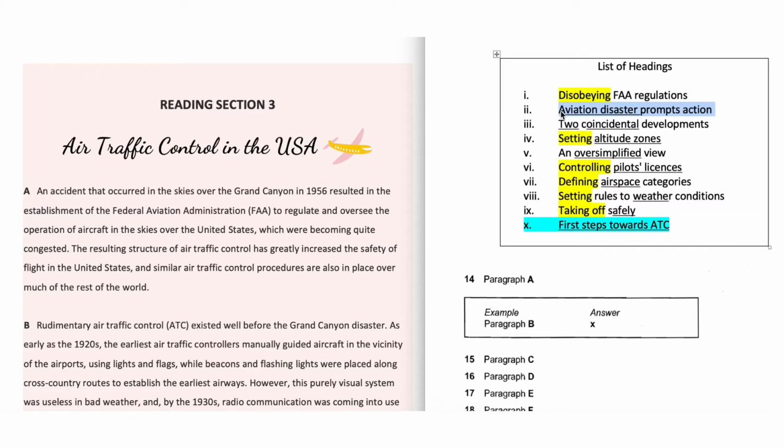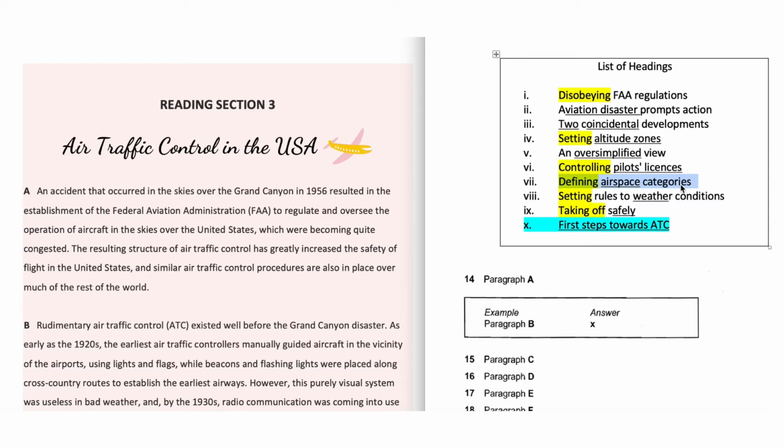So number 3, we've got two coincidental developments. There's no talk of that. Number 4, it's setting altitude zones. No mention of altitude. Number 5, oversimplified view. There's no mention of that. Controlling pilots' licenses. No, we have no mention of pilots here. 7, defining airspace categories.